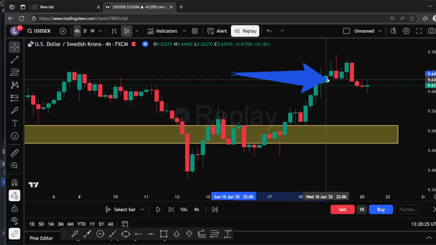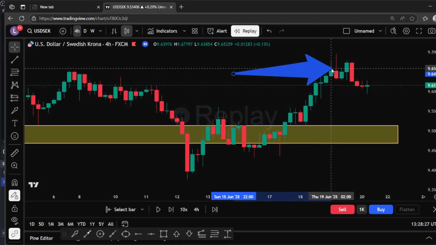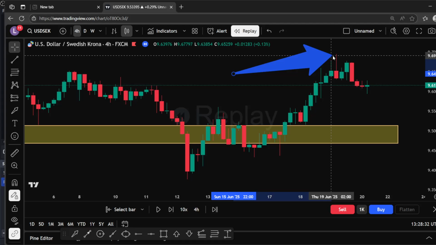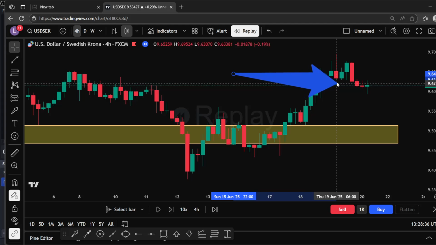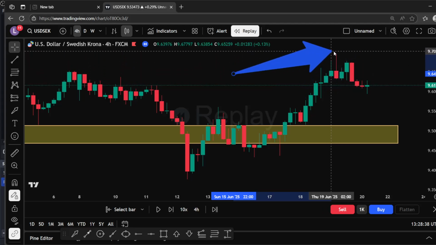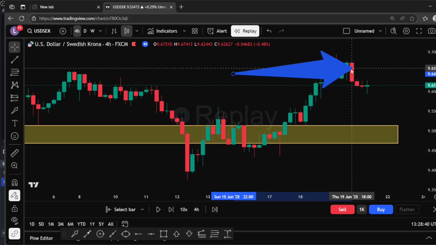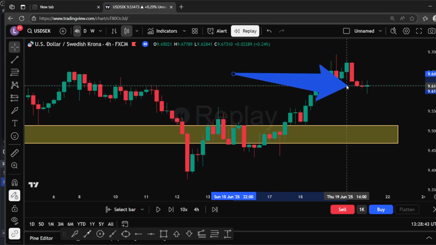We pushed up, we had this bearish engulfing candle, and this would then get sellers to come into the market. We retraced back, we did not close above the level. We had this red engulfing candle to the downside. We broke below it, we got more sellers in the market.